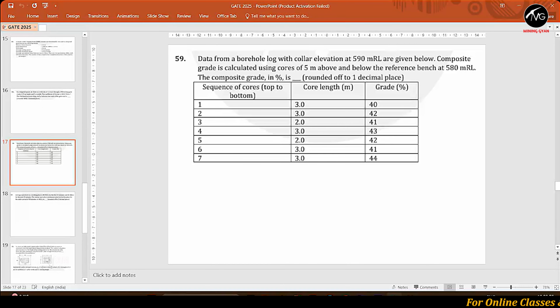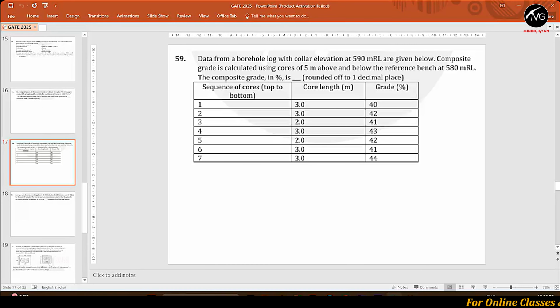It is given in tabular form. Question number 59, kindly concentrate on it.